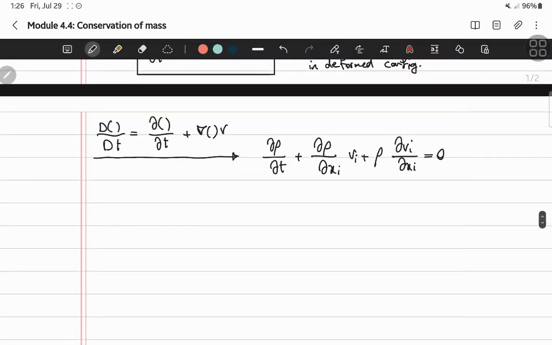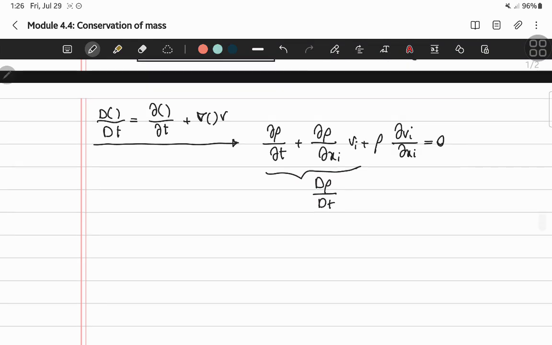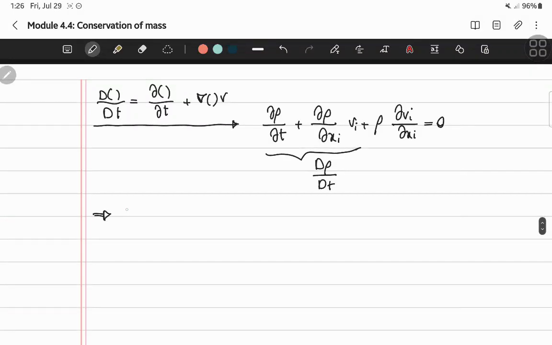So this is d rho/dt, the material derivative of rho. Therefore, we have the material derivative of rho plus rho times the divergence of v is equal to 0.